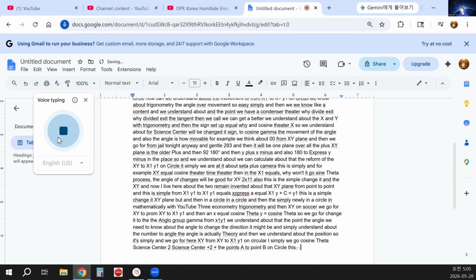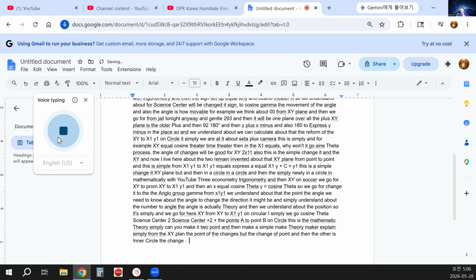This is the mathematical theory. Can you make two points and a theory, explaining simply the change of a point on the XY plane, and the other, the change of a point on a circle?